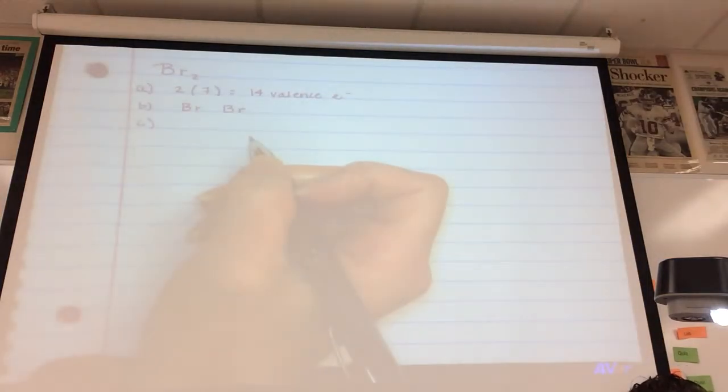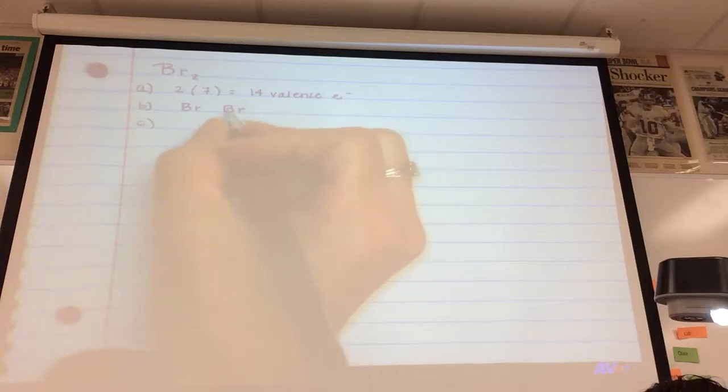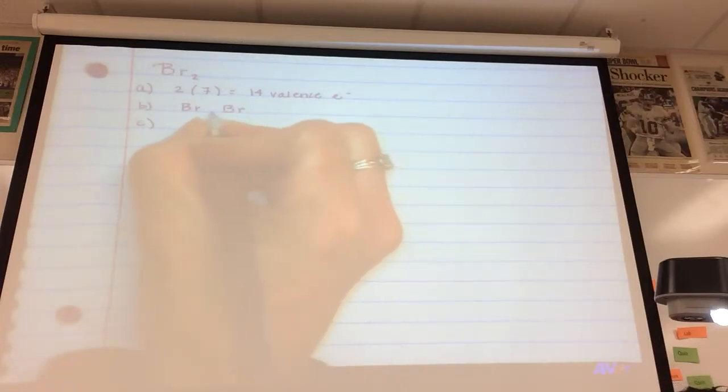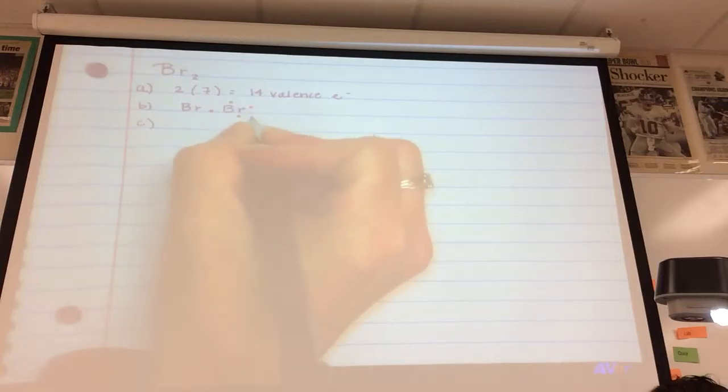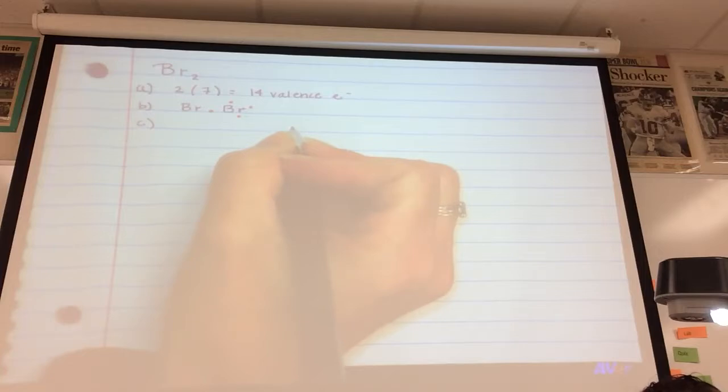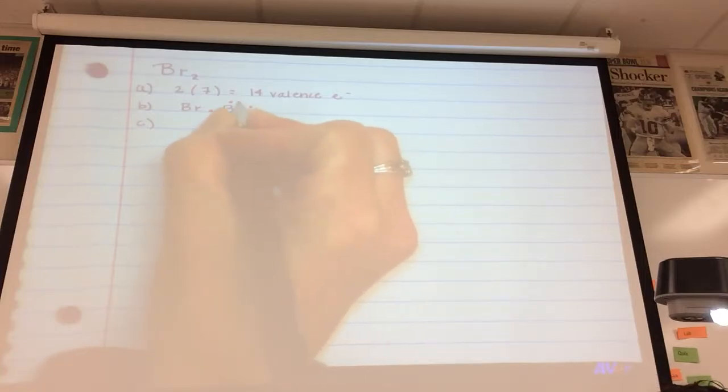The first valence electron must go between the two atoms. Look up at the board. 1, 2, 3, 4. Now you have to pair, but you don't pair between the two. 5, 6, 7.